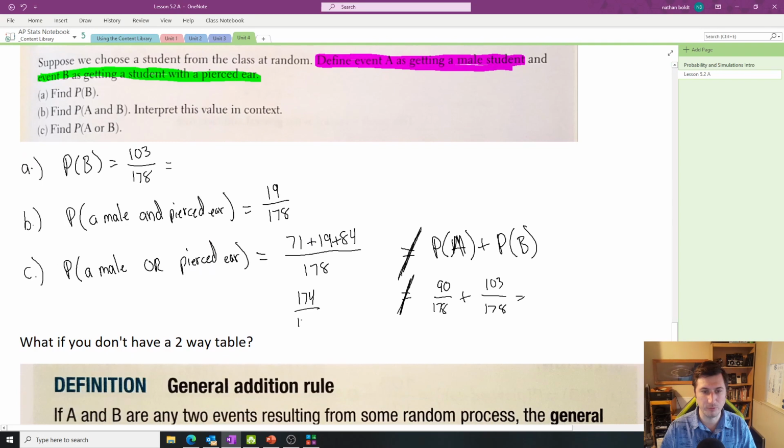174 out of 178. But this one over here is 193 out of 178. Well, that's wrong for so many reasons. You can't have a probability bigger than 1. The addition rule didn't work. Why?